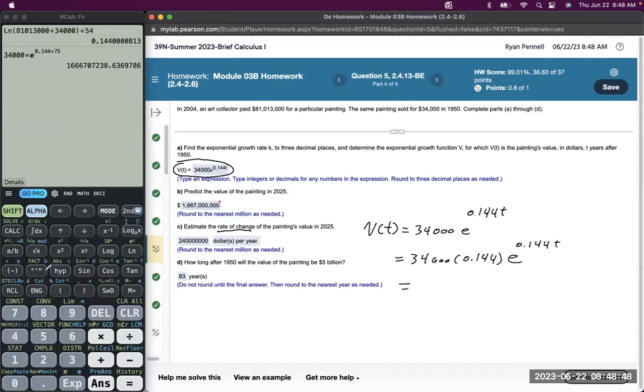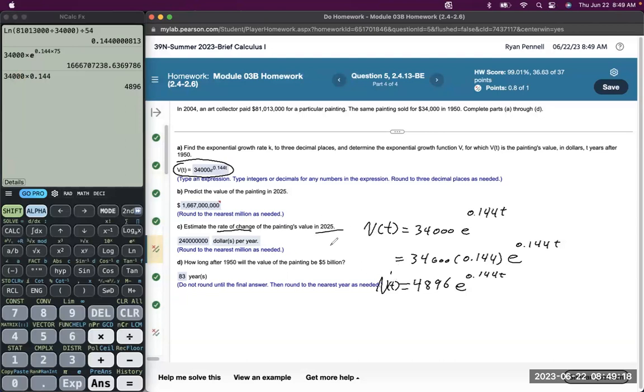So we need to multiply those numbers together. Okay, so 34,000 times 0.144 is 4896 e to the 0.144 t is V prime of t, right? So now we found the derivative.